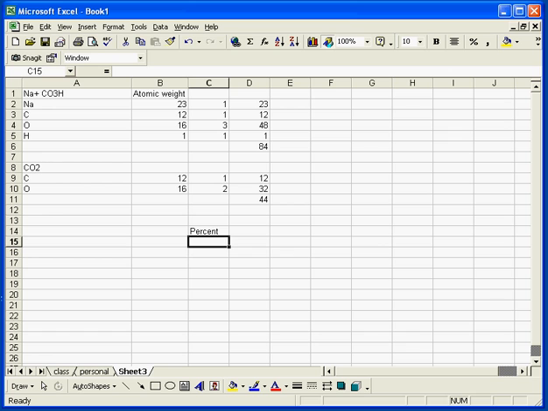We're going to use a formula: equals 44 divided by 84. Boom, and it should be 52%. I'm just going to convert that into a percent by clicking on the percent key up here.